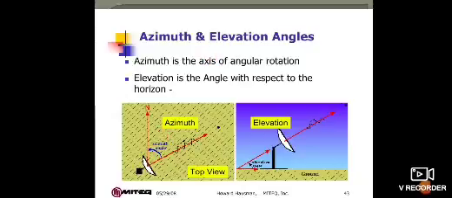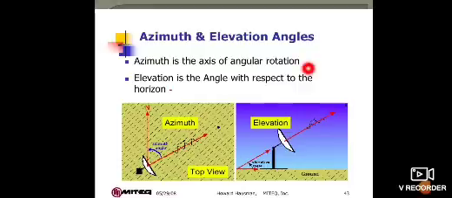Okay, so that means whenever the antenna transmits signals towards the atmosphere along this straight line, and at the same time the north position is at the center of the antenna or earth's curvature, that angle is called the azimuth angle. We call it the axis of angular rotation.